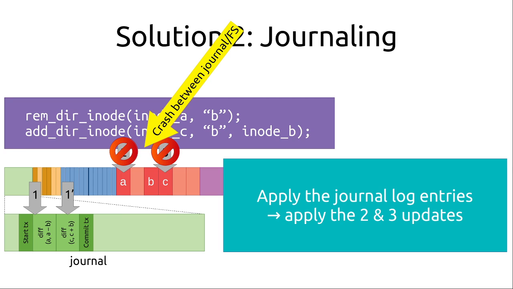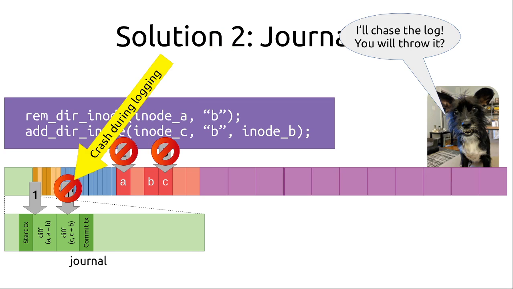But that definitely raises the question, what the heck happens if a crash happens while we're writing the log, right? While we're actually journaling? Well, okay. In this case, we are not able to complete writing out to the log, so we did not add in that second entry. But because we didn't add in the second entry, we also have not added in the commit, right?